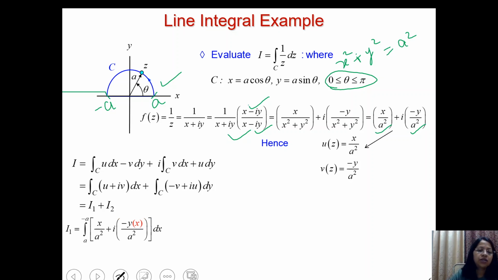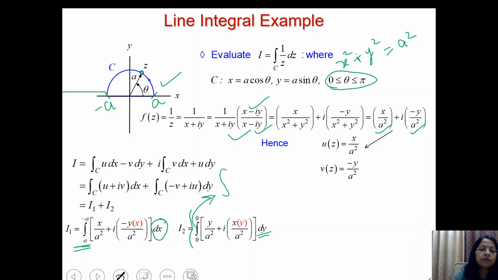Integral with respect to x, because dx is mentioned here. So here the limits of x are taken as a to minus a. Right. Next, integral I2 is taken with respect to y, and you can notice that the limits are written as 0 to 0. So 0 to 0, we will be breaking this integral into two parts, as from 0 to a means once we have covered the path like this, upward direction, and then simultaneously for downward direction.